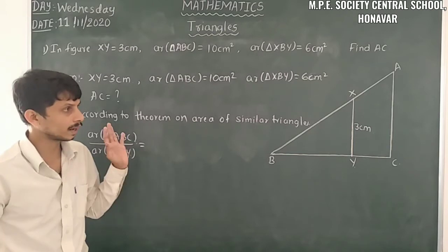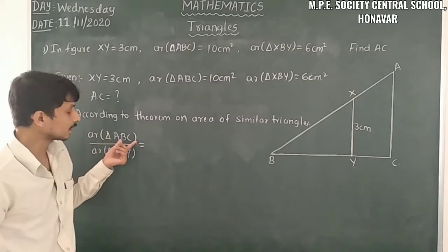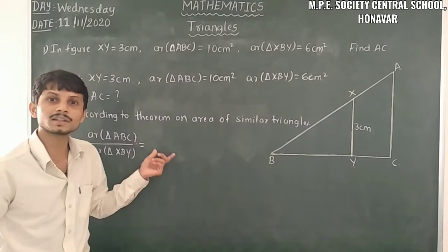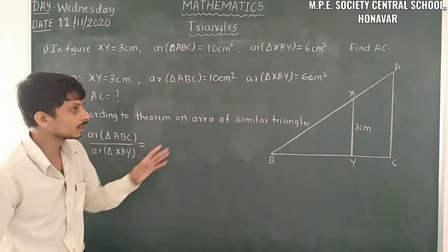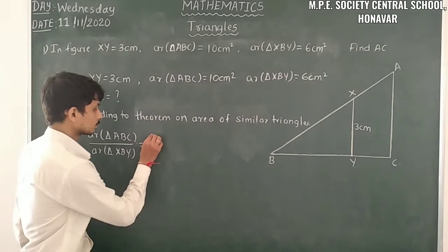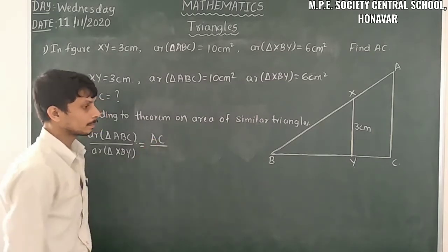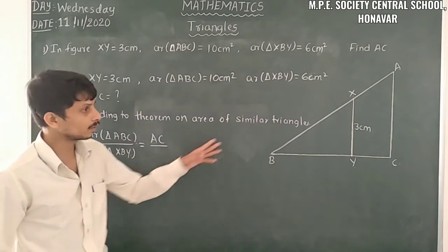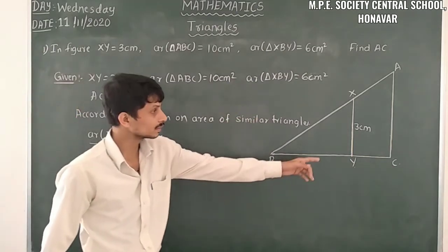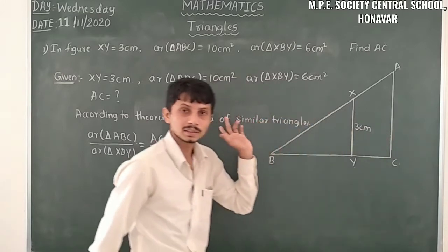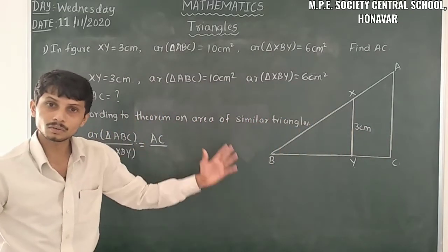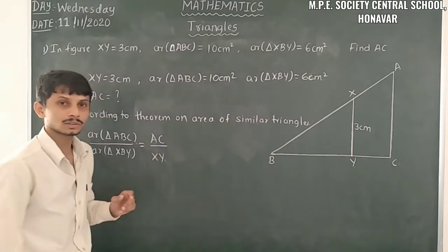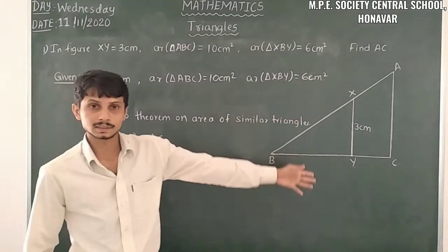Here, area of triangle ABC is in the numerator, so in the numerator we take the side of triangle ABC only, that is AC. AC divided by, here it is area of triangle XBY, so we take the value of XY. These two are corresponding sides, and only the corresponding side you have to take. So XY.